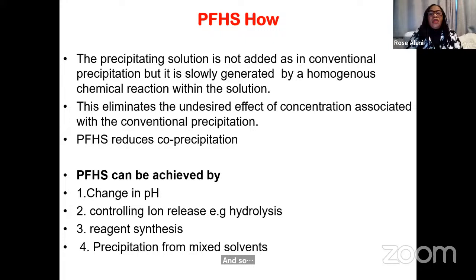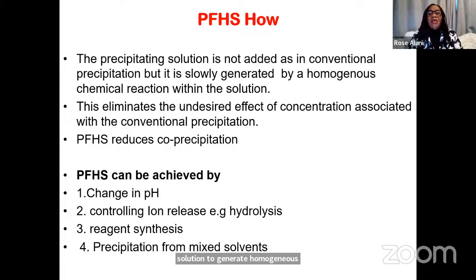Also, the precipitating solution is not added as in conventional precipitation. So not like you just add the solution directly like that. In this case, you add it very slowly by homogeneous chemical reaction within the solution to generate the precipitant.